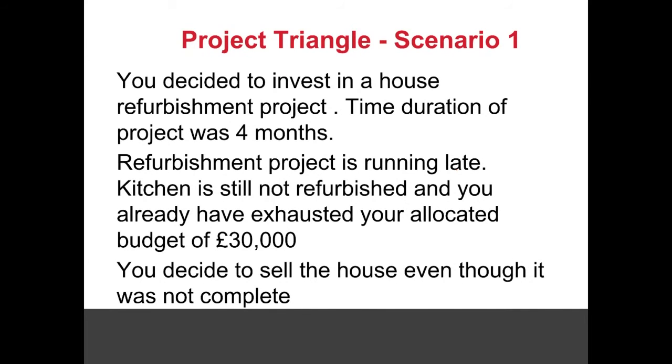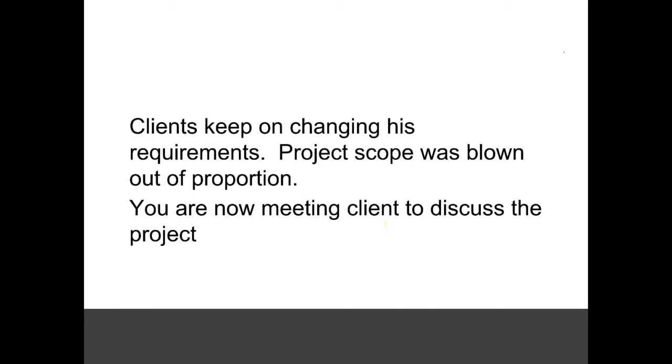So you have not compromised on your cost, but in this project you failed to achieve your time, and also, we would say, the quality, because the idea was that on a 30 grand budget the entire refurb would have been completed, which was not the case. So in this case the preference was given to cost, while the other two aspects, time and quality, were compromised. Now, in this situation, which aspects would suffer?